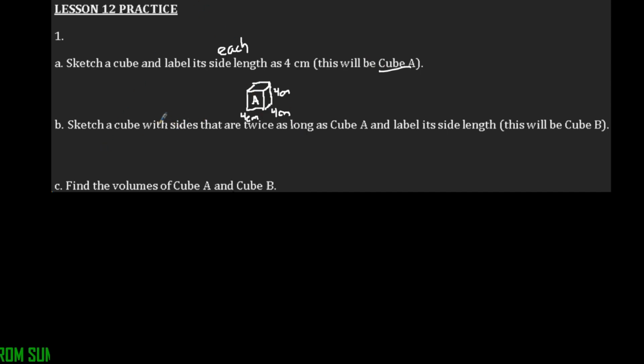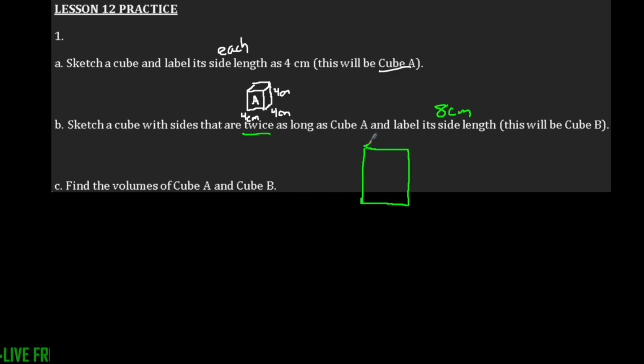Now it says to sketch a cube with sides that are twice as long as cube A and label its side lengths. I'm going to label that as cube B. So make sure, since it's twice, we're going to say this is going to be 8 centimeters. So we have to do it a little bit bigger now, and that's okay. So we have to do a little bit larger, move this down, a little bit larger of a cube.